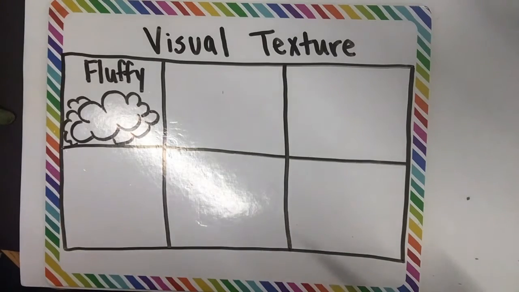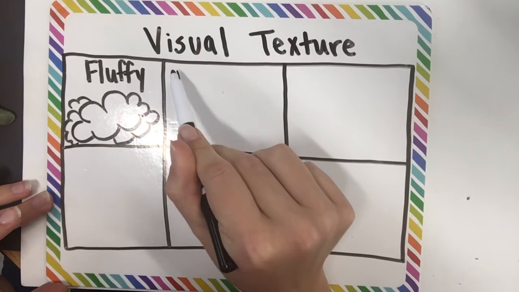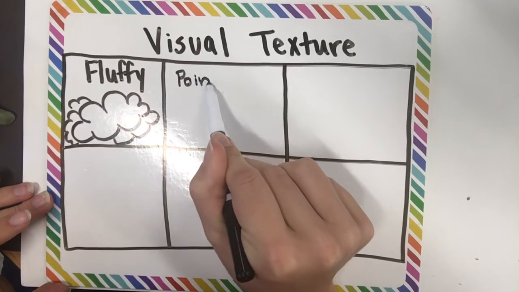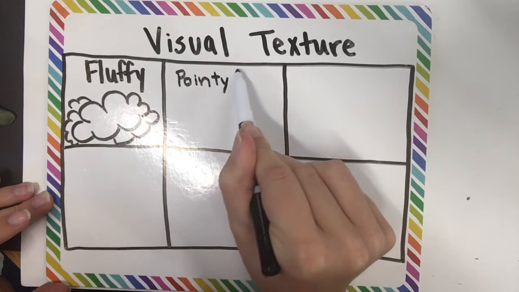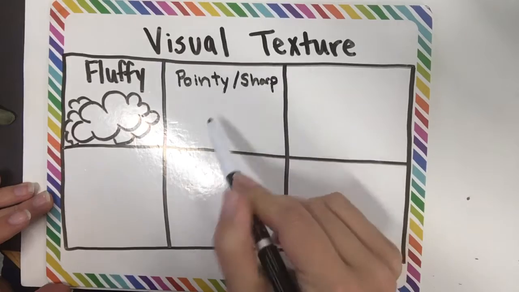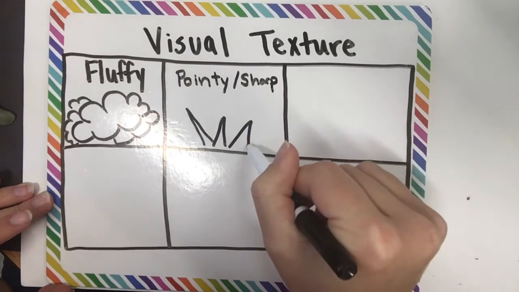We're going to kind of do the opposite of that next. If I do something that is pointy or sharp, then instead of curvies, I might have to do more rigid lines like a zigzag. I'll kind of do pointy, sharp. So I might have to have these jagged, sharp pieces coming out.